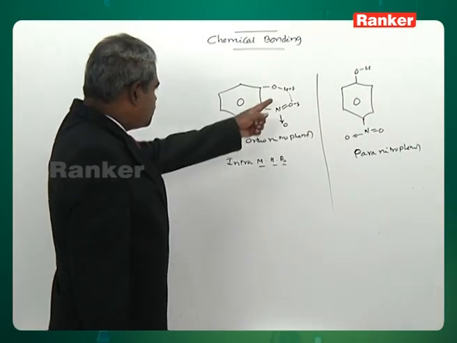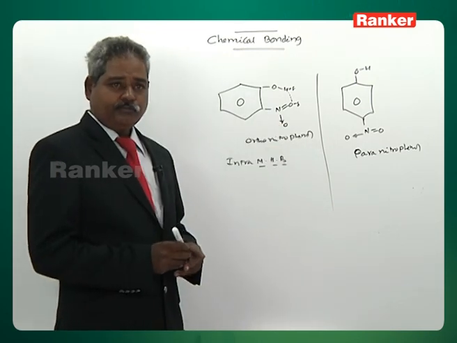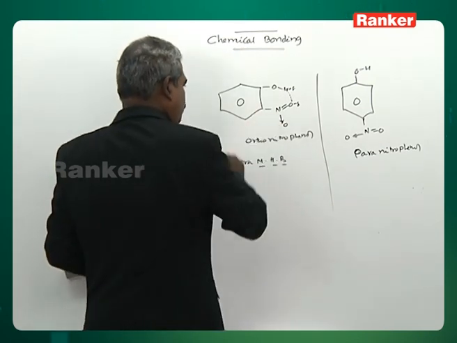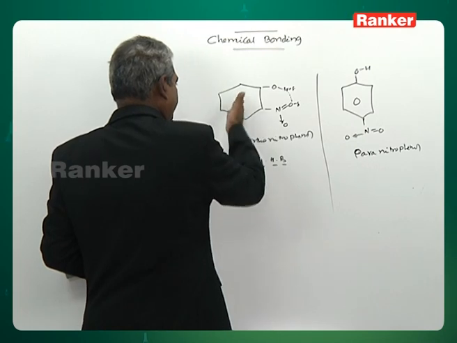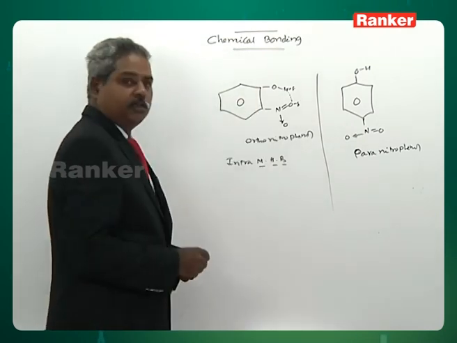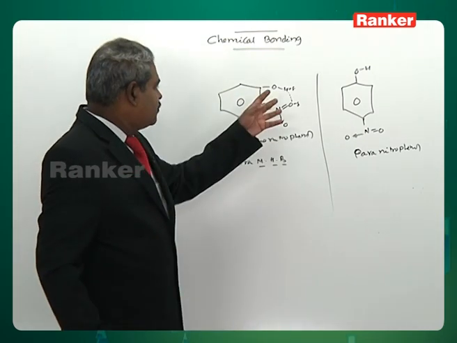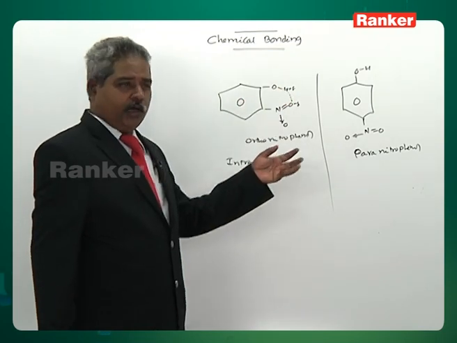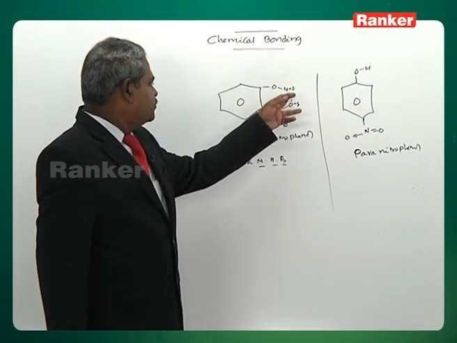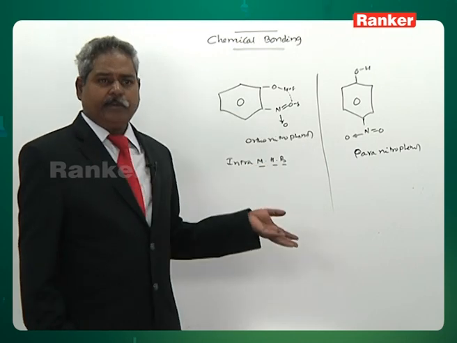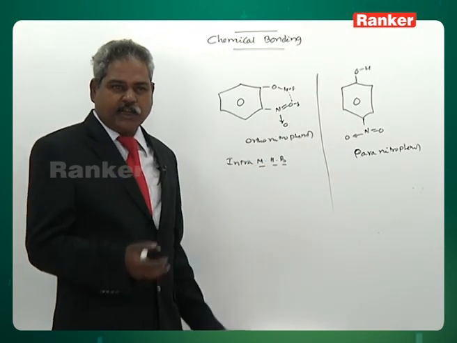So this is nothing special. You have a coordinate covalent bond here, a pi bond here, 3 pi bonds here, so many sigma bonds. So this is just one other bond. You have so many bonds, and this is one among the many bonds, and because of that, nothing special happens.